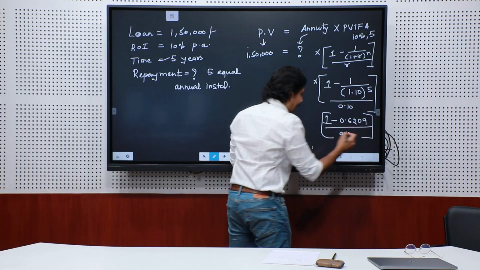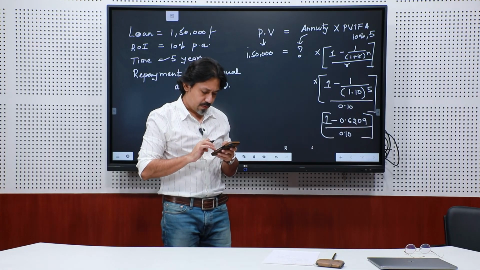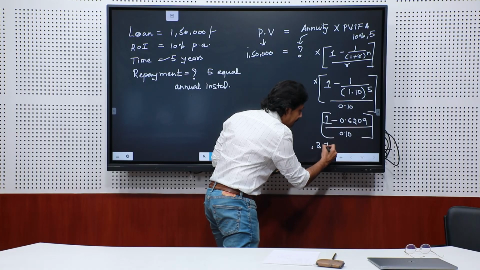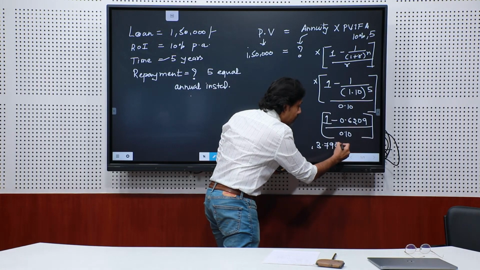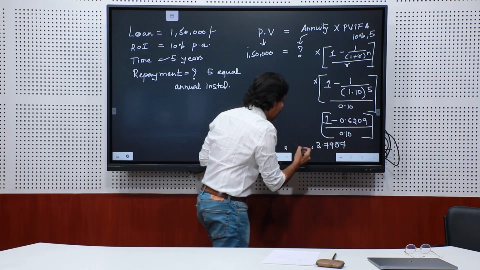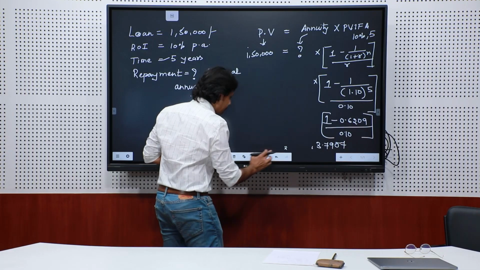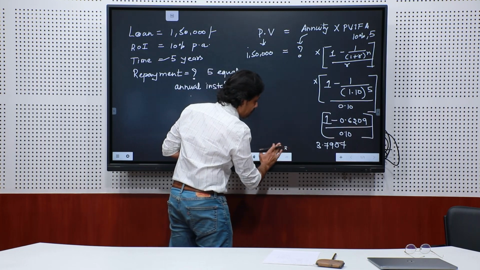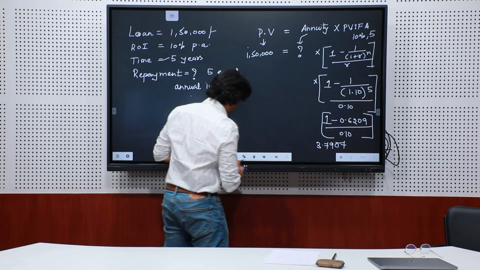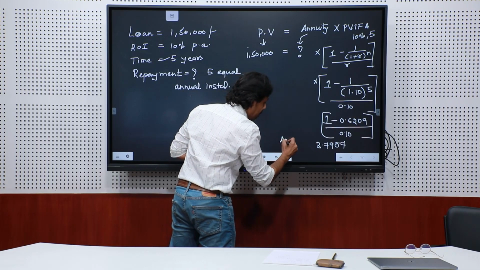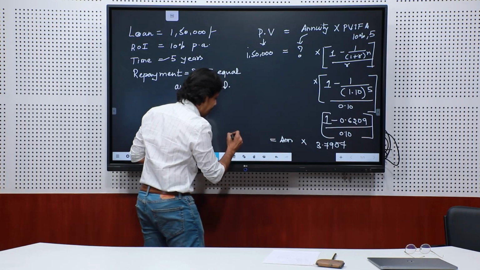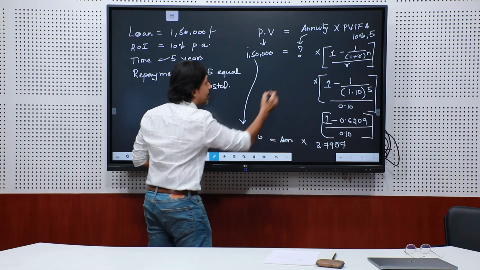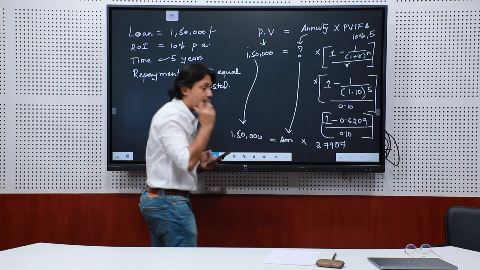That is a simple calculation. That comes to 3.7907. That is the PVIFA, and the annuity multiplied by it should be equal to 1,50,000. That is the formula that we are working on.